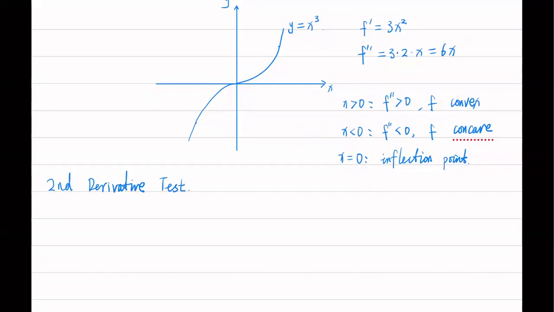This is about the critical point. Assume this is 0. Then we will divide our discussion into 3 cases according to the second derivative.